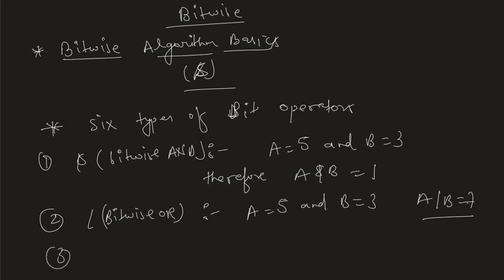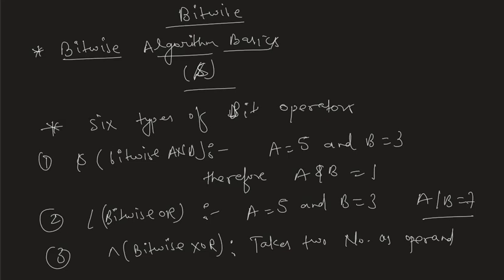Now we are talking about bitwise XOR. Bitwise XOR takes two numbers as operands, like bitwise AND and bitwise OR, and does XOR on every bit of the two numbers.